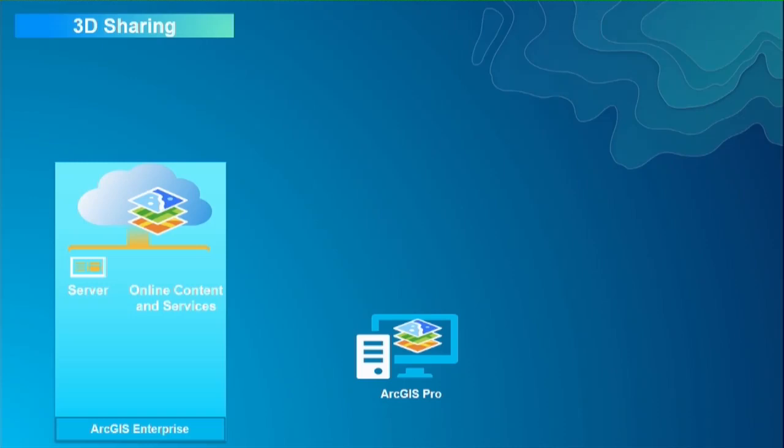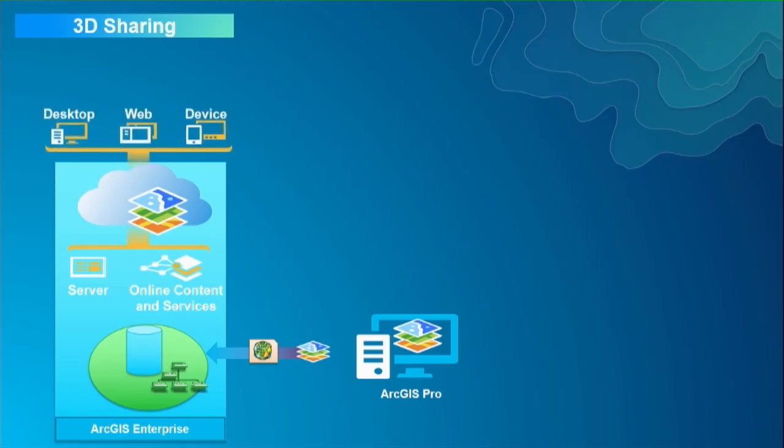First is using ArcGIS Enterprise. ArcGIS Enterprise, comprised of ArcGIS Portal, server, and data store, is one medium that you can share this content. Once the data is composed, and the ArcGIS Pro desktop application is typically used for doing that, then you'll be able to push out that content either by directly connecting to the ArcGIS Online resource or ArcGIS Portal resource, or by generating local data, which we call a scene layer package.